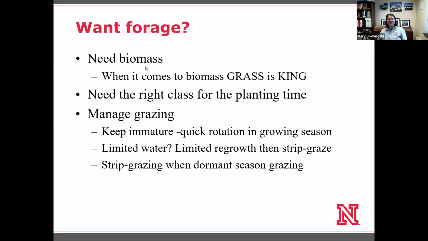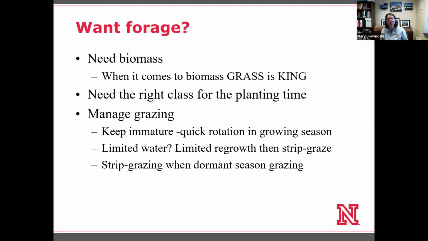So to get started, I wanted to start with the core tips that I always give people when we're thinking about using annual forages. The first one is that there are a lot of different annuals that you can plant. But if you're looking for forage, and that is a major goal, you want to make sure that you have grass as a high component of what you plant, because it is king when it comes to biomass production.